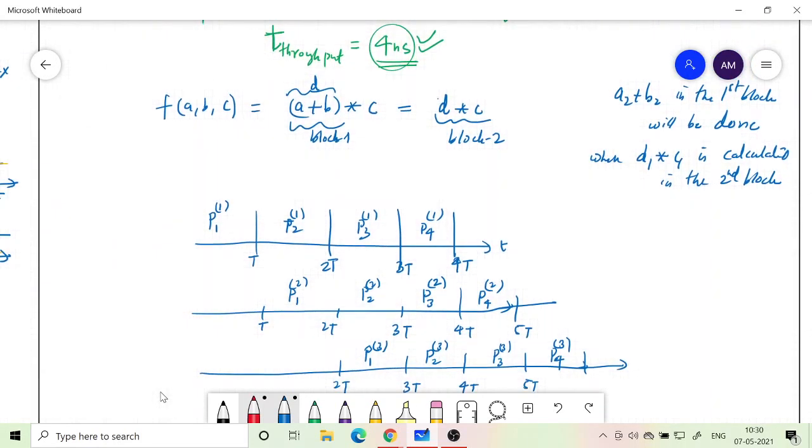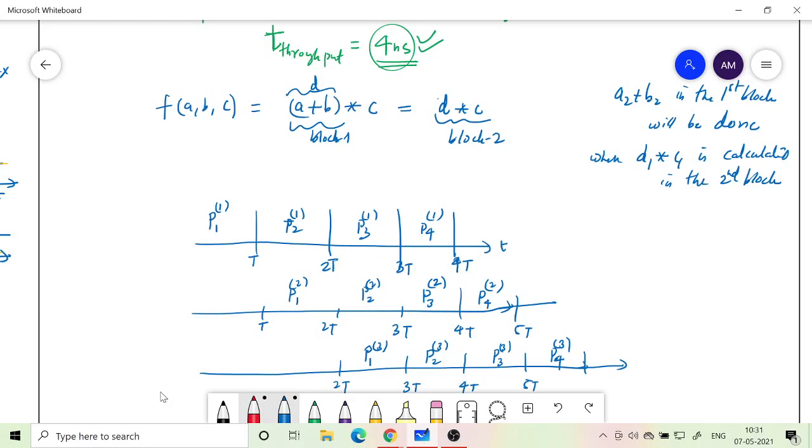Initially only P1 is performing, and in the second period, P1 on the second input and P2 on the first input are performed at the same time. Vertically they are the same time. Similarly here, when P1 is performed on the third input, P2, a sub part of the entire process, is performed on the second input, and P3 is performing the operation on the first input.